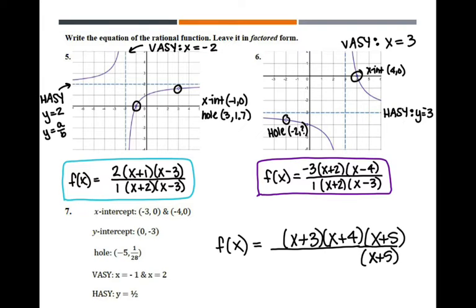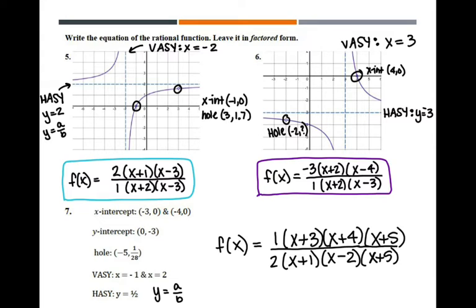I also have 2 vertical asymptotes. So I have one at -1, so that came from a factor of x plus 1. And I also have one at x equals 2, so that comes from a factor of x minus 2. And last but not least, I have my horizontal asymptote, which is 1/2. So again, that comes from y equals a over b, so that means a is 1 and b is 2.